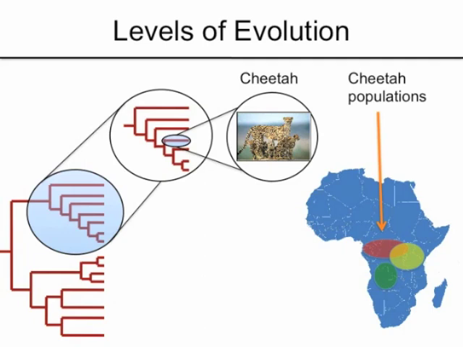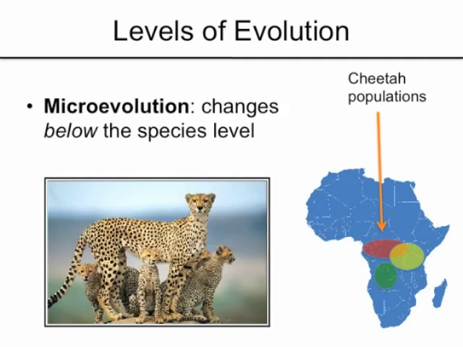So all the things that we've been talking about in terms of evolution, remember, occur below the species level, at the population level. And this is the same thing as we were seeing in the blackcaps, where two populations of blackcaps are in the process of diverging, of speciating. And this is what microevolution leads to.